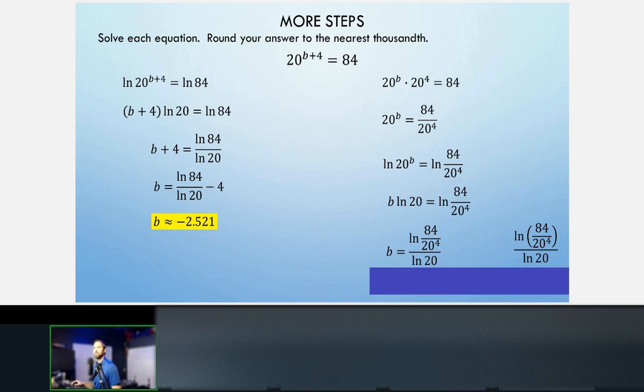So everyone, go ahead and type this in. Let's make sure you can type this in and still get the same answer. So natural log of this fraction divided by natural log of that number. Then hit enter.